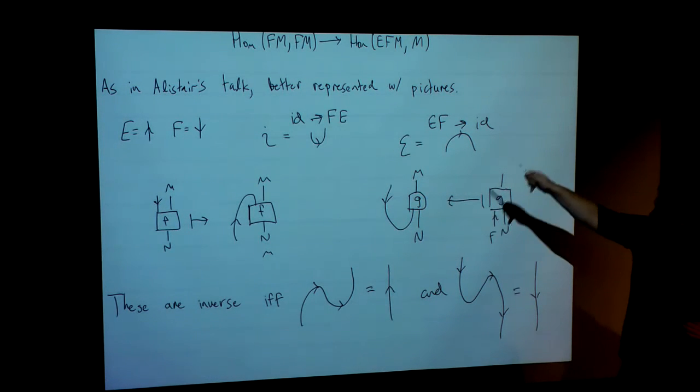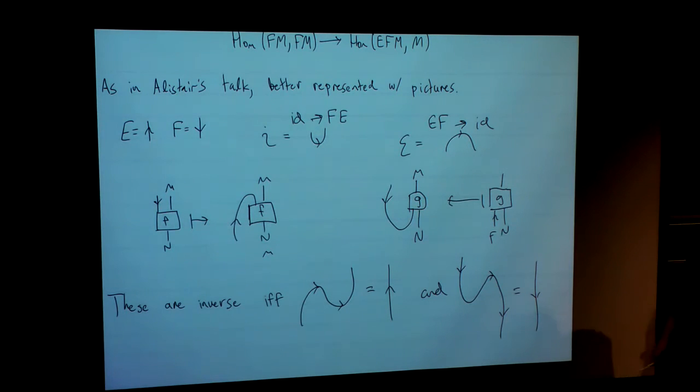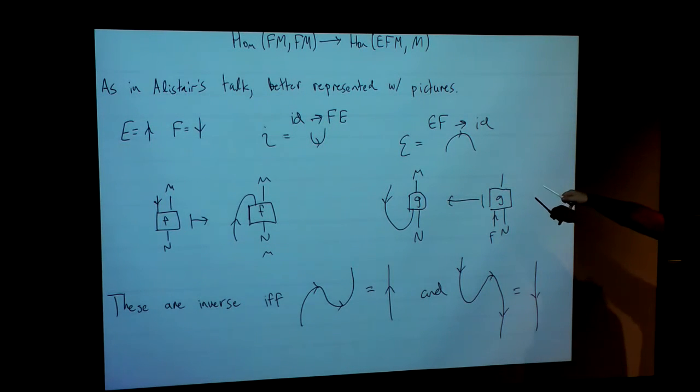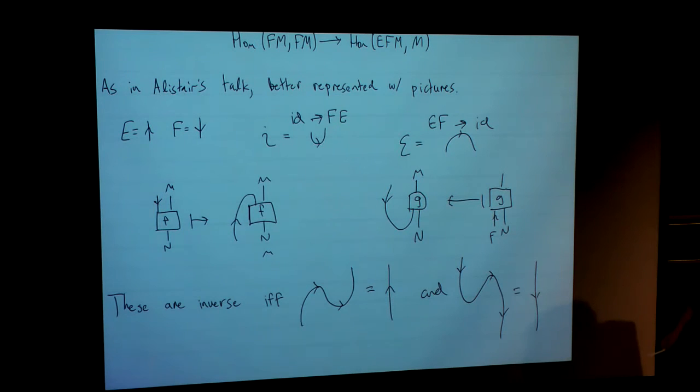So it goes from the identity to FE. Here I have a down arrow, here I have an up arrow, so that's what it is. Similarly, this is the co-unit, it goes from EF. Note here, both the cup and the cap are pointed rightwards.